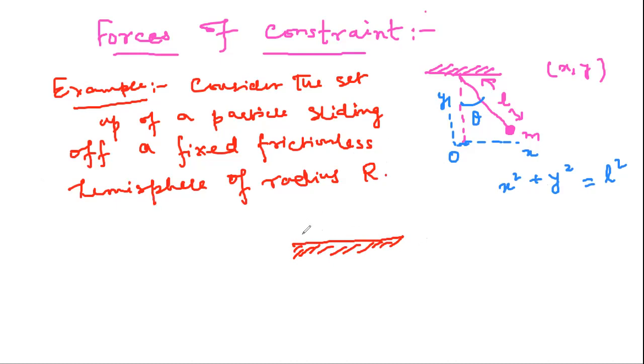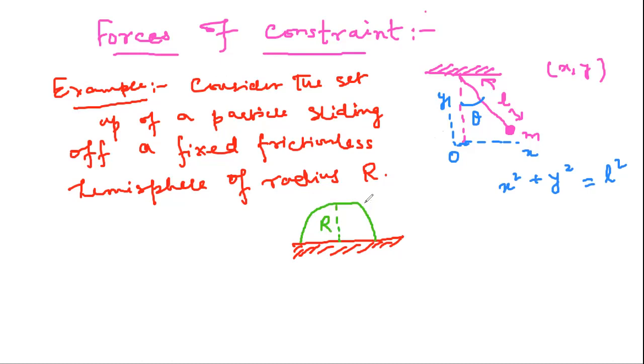So I have some hemisphere with radius r. Its surface is fixed and is frictionless. Now, a particle is sliding across the surface.